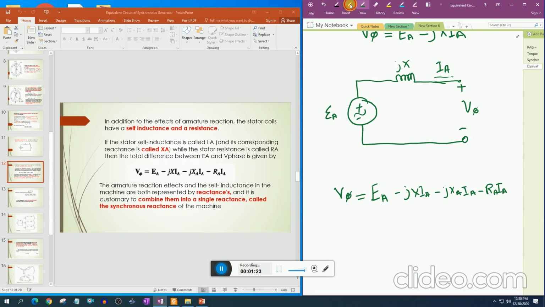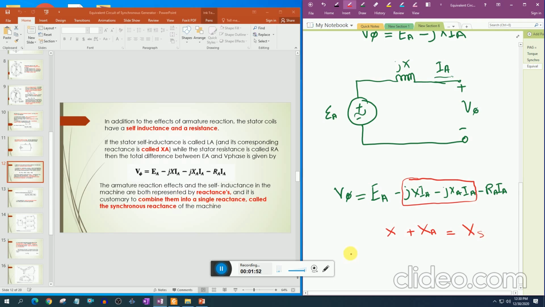As you can see, these are both reactances. The armature reaction reactance and the self-inductance in the machine are both represented by reactances, and then they are combined into a single reactance which is called the synchronous reactance.